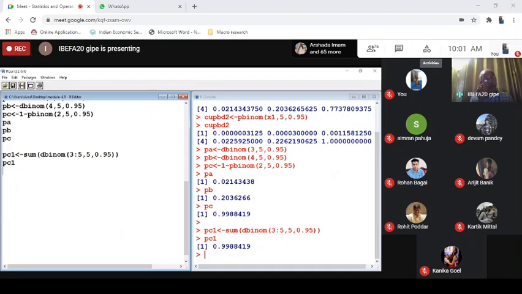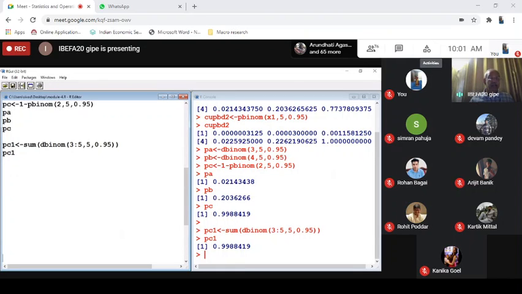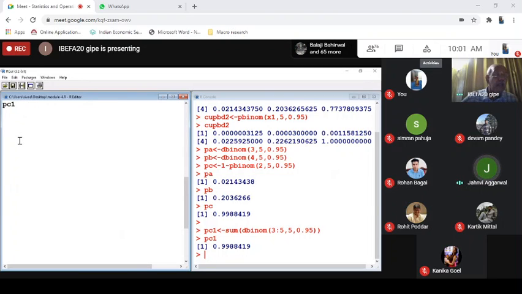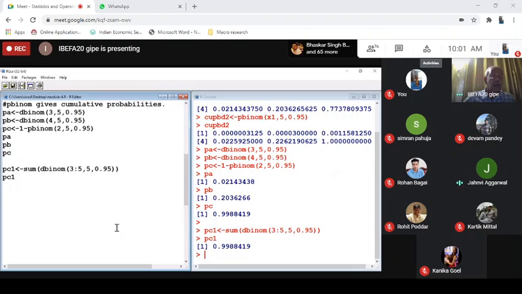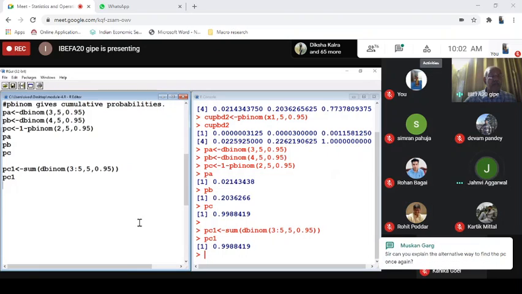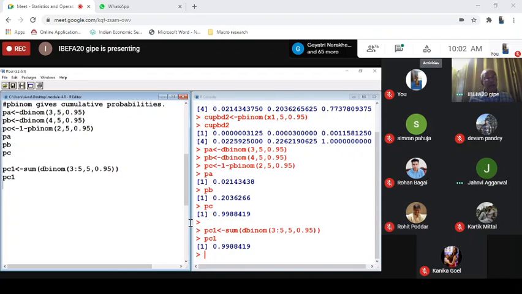I'm going slow. Any syntax, if you don't follow, you have to ask and get your doubt cleared. Yes, sir. When we read this syntax, it will be the item for which we want the probability, comma, the number of... 3 double colon 5. After that, 5 stands for the sample size, and P stands for 0.95, which is the probability of success.